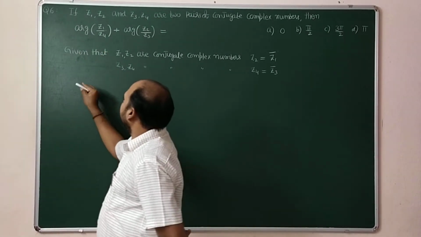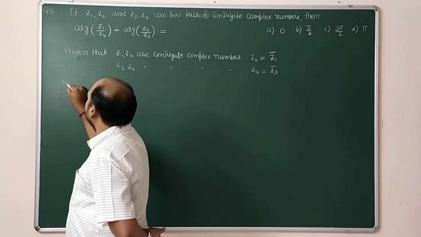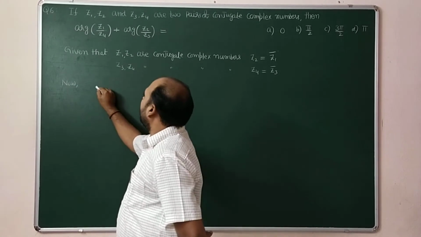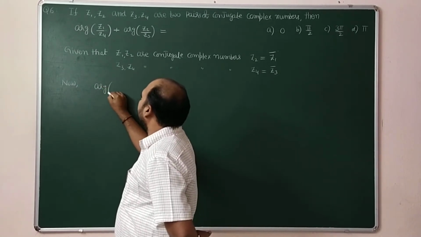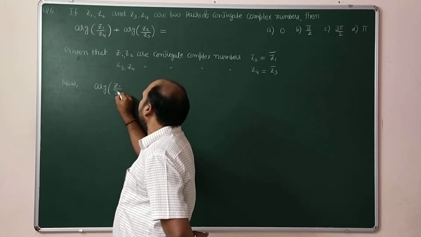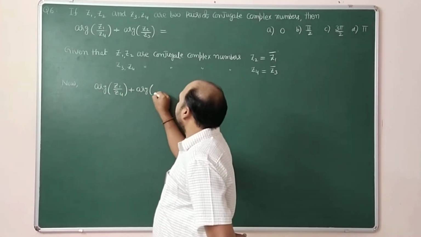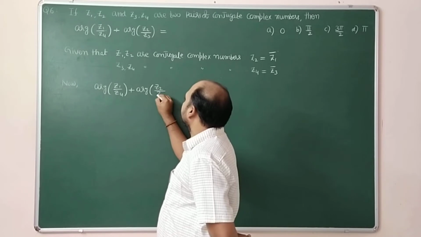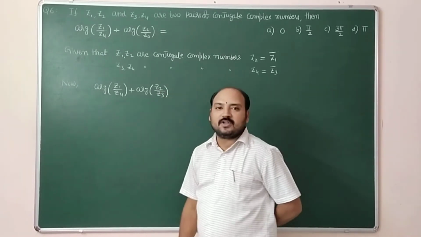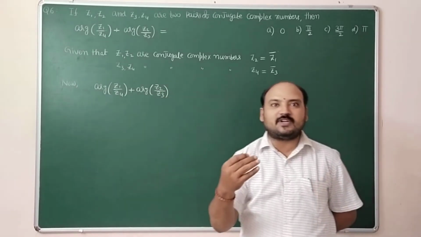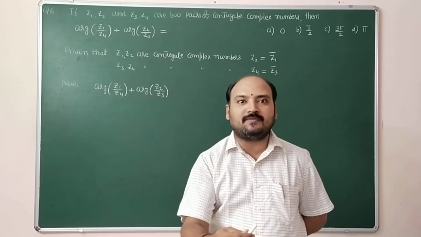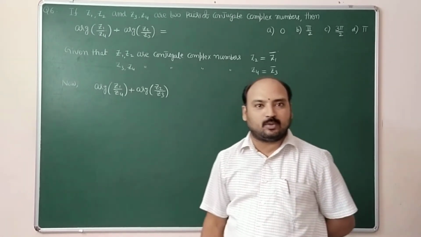After that, consider the given expression. Now consider argument of Z1 by Z4 plus argument of Z2 by Z3. We know the properties of arguments. Argument of Z1 by Z2 means argument of Z1 minus argument of Z2.